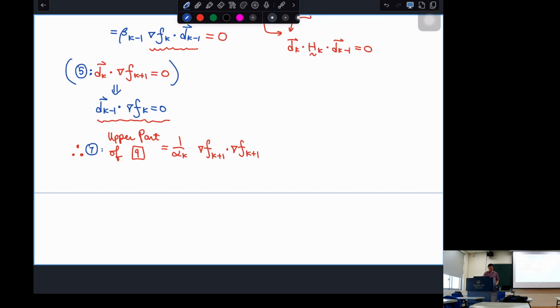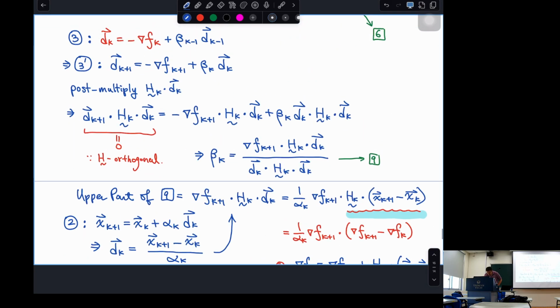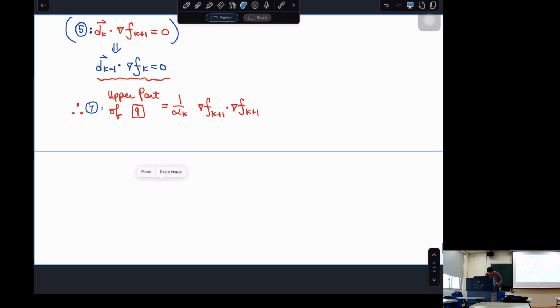This is the only non-zero term. And we can now plug back into the definition of beta. So let's copy and paste.